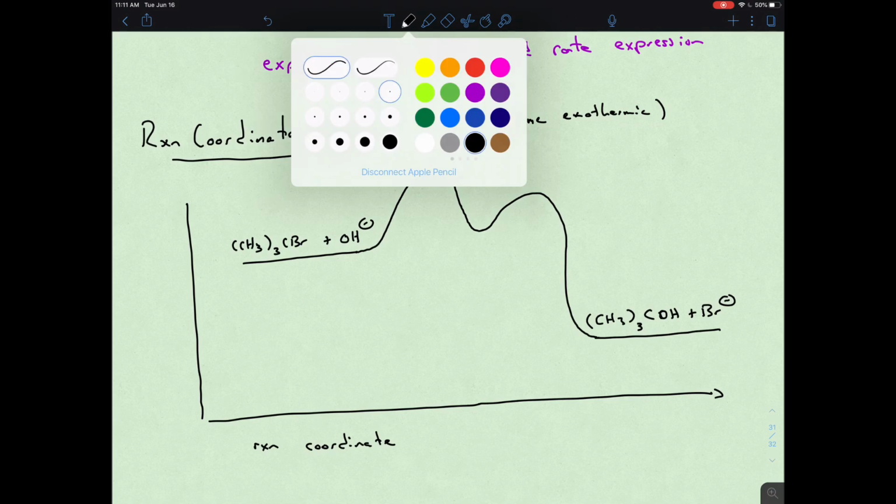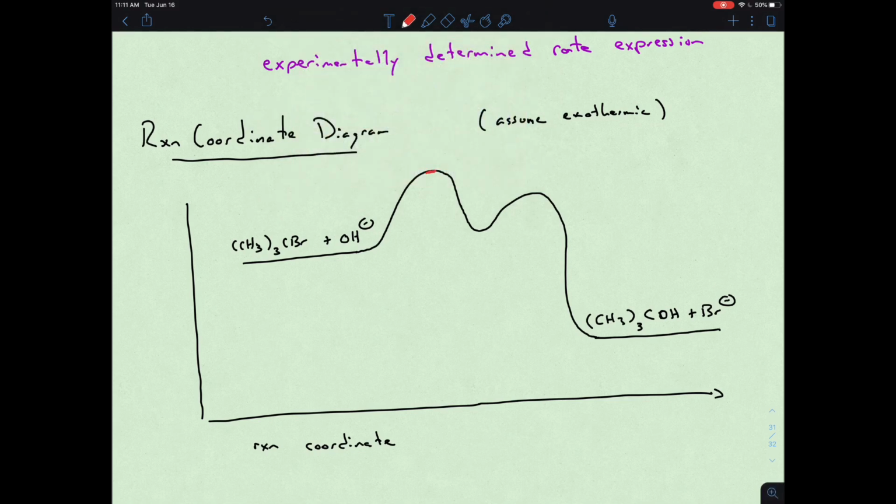And so we technically have 2 activation energies. Here's activation energy 1, and that would be for the first step. And then here we see activation energy 2 for the second step.